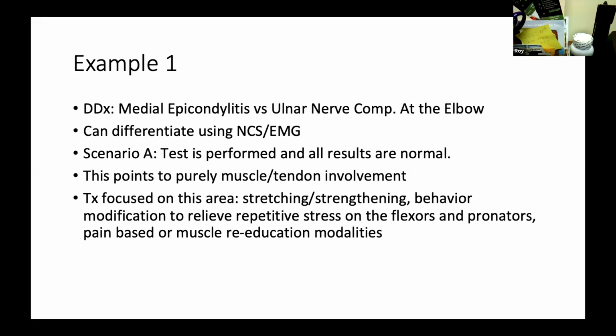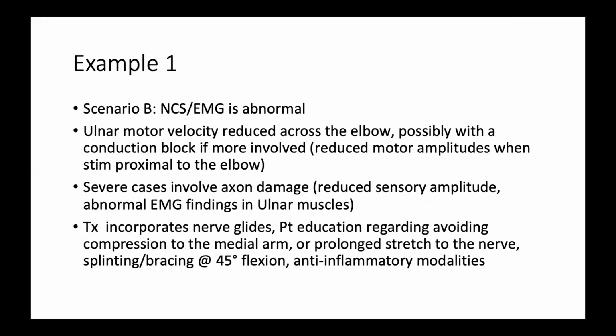Possible scenario. The other possible scenario is that the nerve conduction electrodiagnostic test is abnormal. If the electrodiagnostic test is abnormal, one of the more common findings would be ulnar motor velocity is slow or reduced across the elbow. And in more severe cases, it could be a block of conduction.